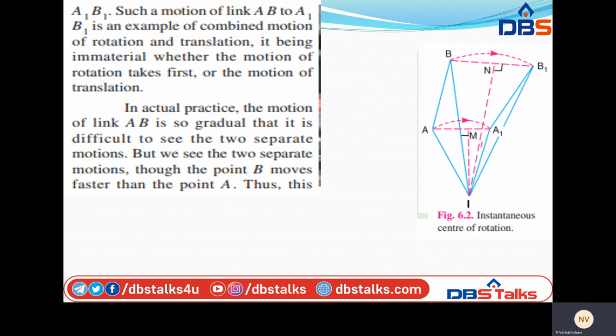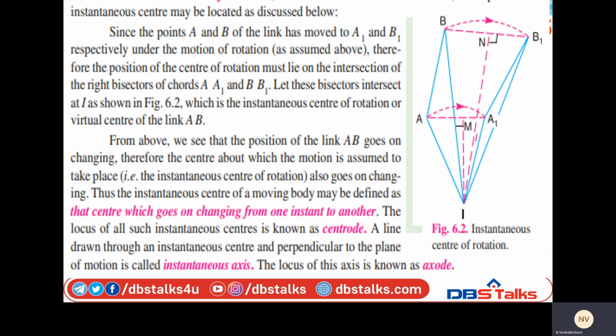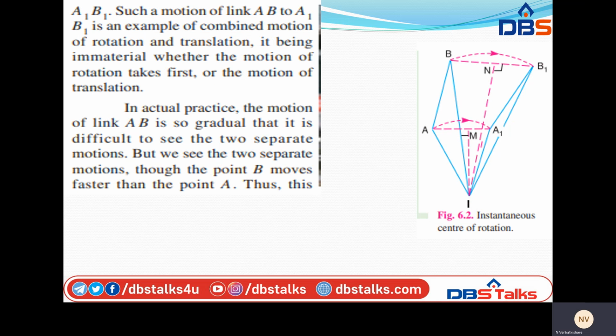It is immaterial whether the motion of rotation takes place first or the motion of translation takes place first. Either it may be translation and then rotation, or rotation and then translation, depending on the mechanism.